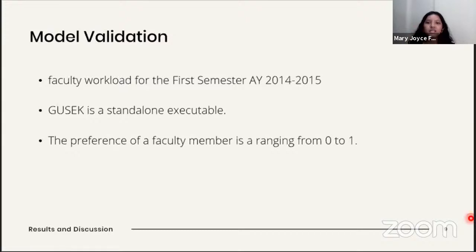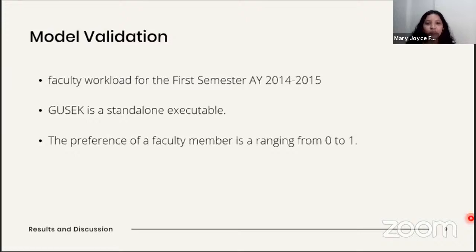So, the model was applied to the faculty workload for the first semester academic year 2014 to 2015. And this model was coded and programmed using the WUSEC. It is a standalone executable with, pinagsama na siya na text editor and linear and integer programming solver.